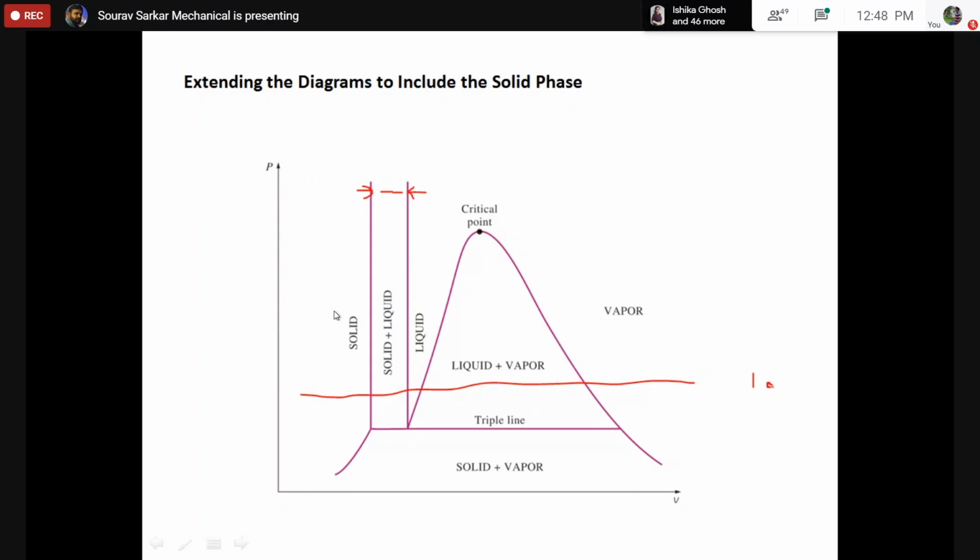Just consider that this is 1 atm pressure and you have one piece of iron. Initially that piece of iron is at environment temperature and it is in a stable condition and you can touch it at this point. So at this point the temperature is the environment temperature, 30 degrees.